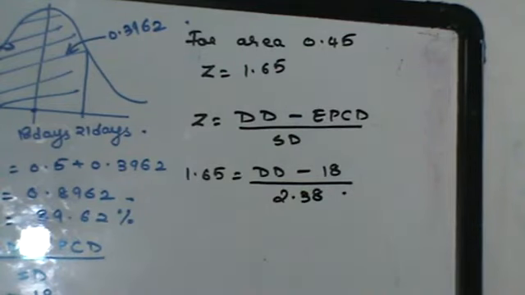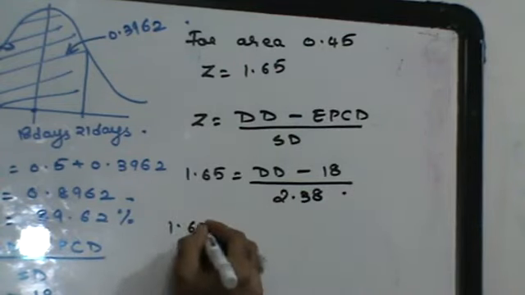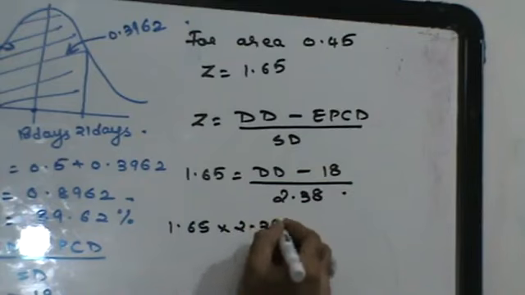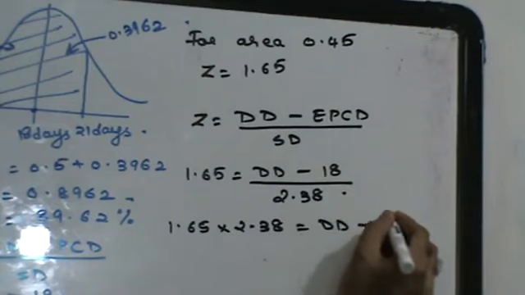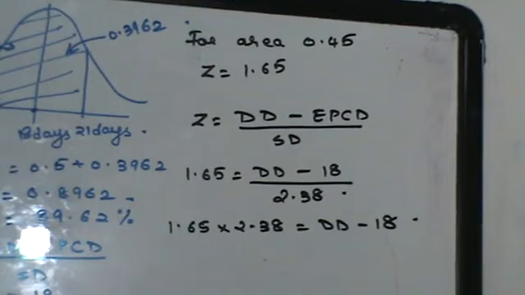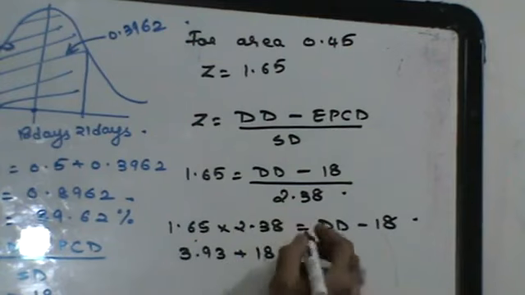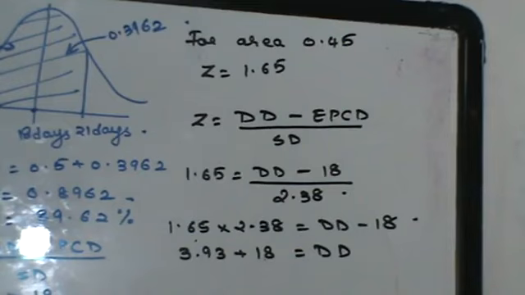Cross multiply. 1.65 into 2.38 is due date minus 18. Multiply this will give you 3.93 plus 18. Minus 18 goes on the other side, becomes plus 18 is due date. That means my due date is going to be 21.93 days.